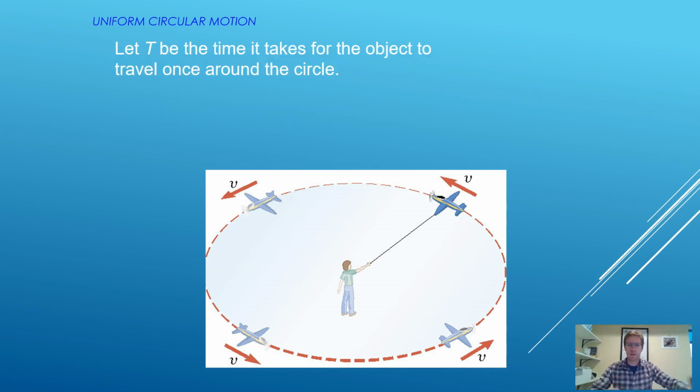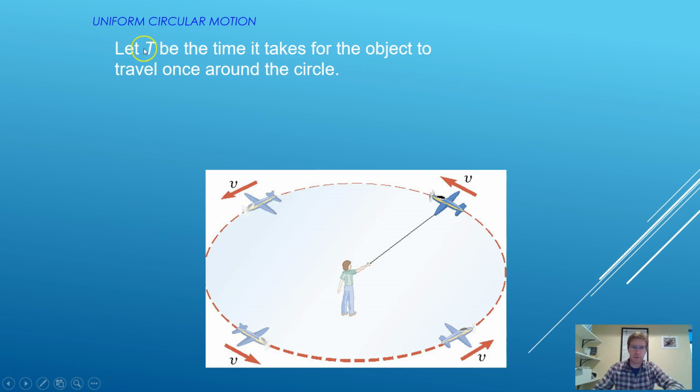All right, so let's go ahead and define some more things about uniform circular motion and then jump into some of these slightly confusing topics. If you had an object going around in a circular motion, you could define how fast it's going based on two things. One, the size of the circle, or its radius, and two, something known as the period.